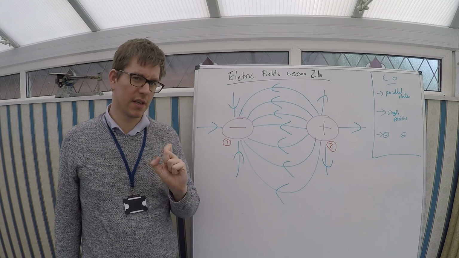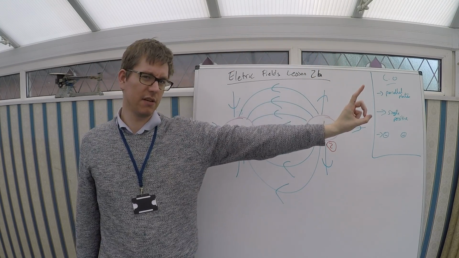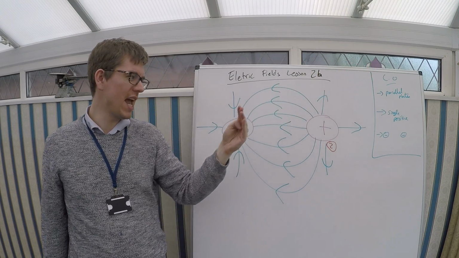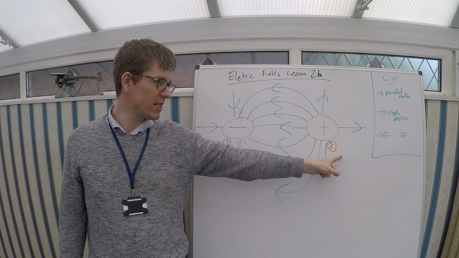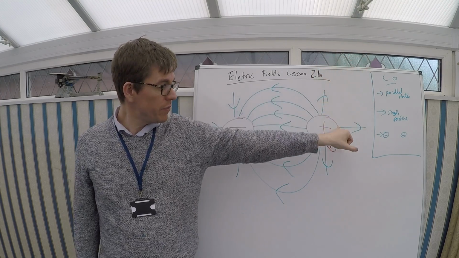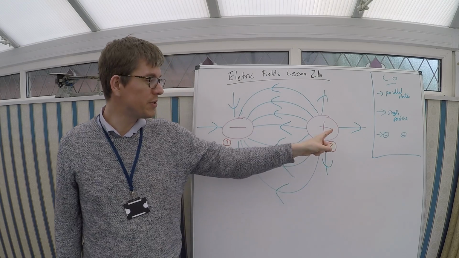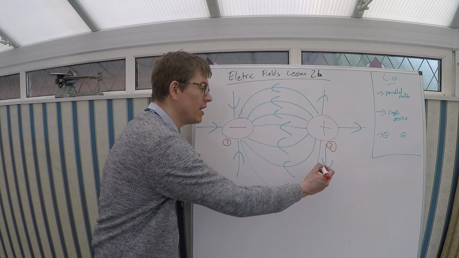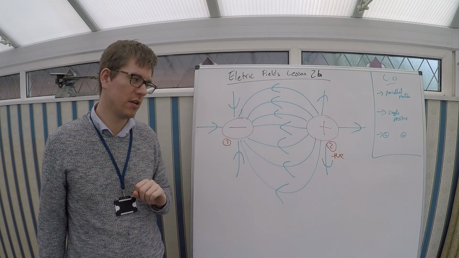To think about the answer, remember that we always define infinity as 0, and then we're thinking about how much work we've got to do to get to that point. If you're a positive charge and you're trying to get to point 2, well, you're moving closer to another positive charge, which means we're actually going to have to push you, which means we're going to have to do work, which means point 2 is going to have positive potential energy.